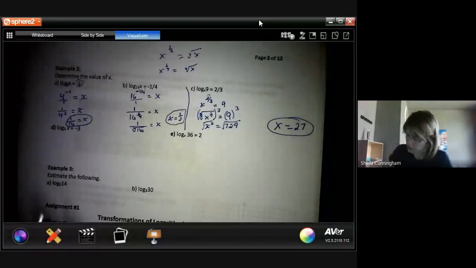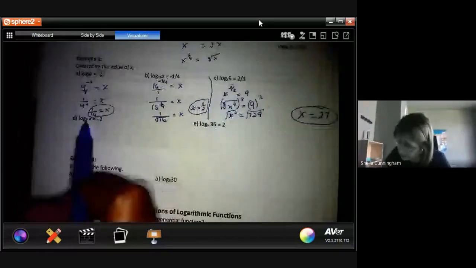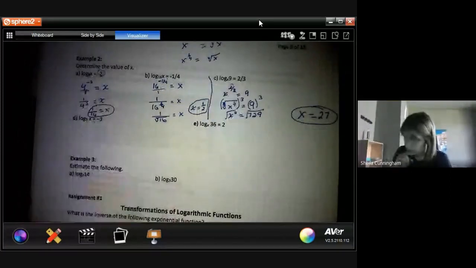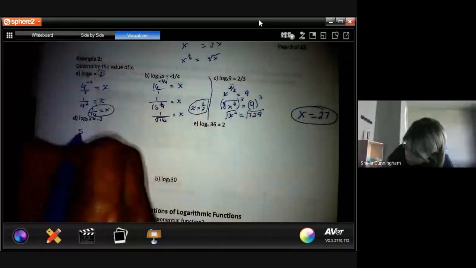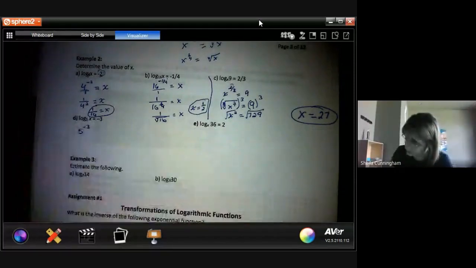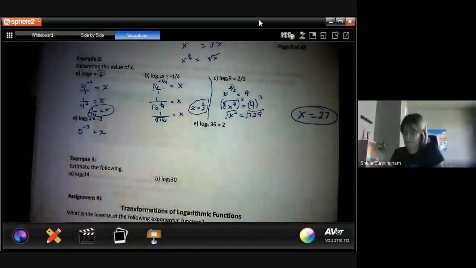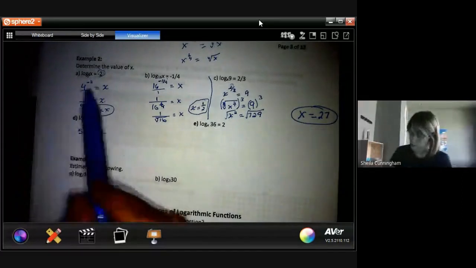Okay, so let's look at D. D says log base 5 of x is equal to -3. So my base is 5, my exponent is -3, and that equals x. We're doing a lot of these with the negative exponent, but these are good.